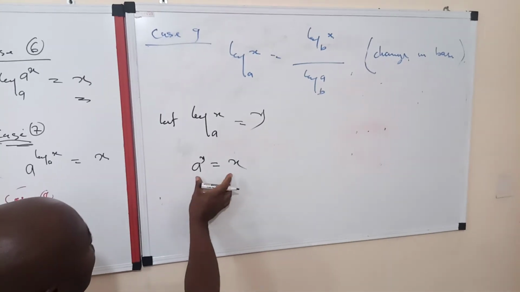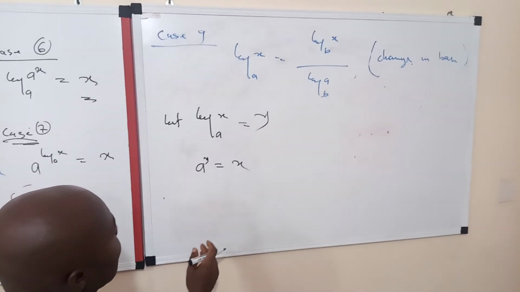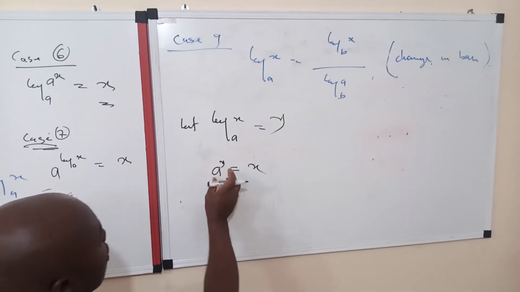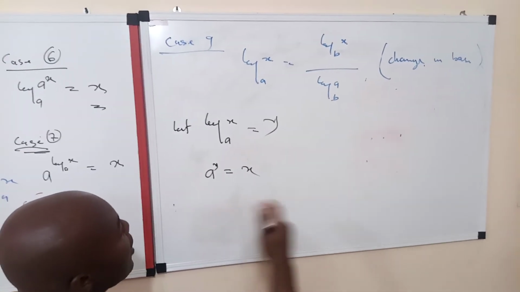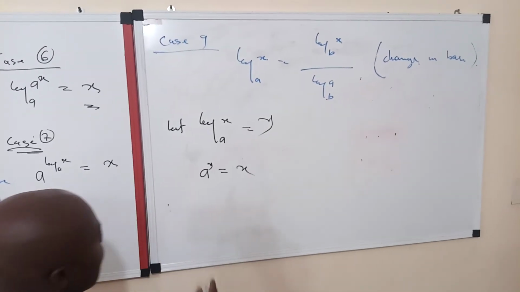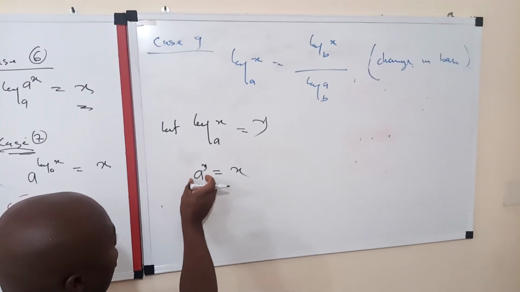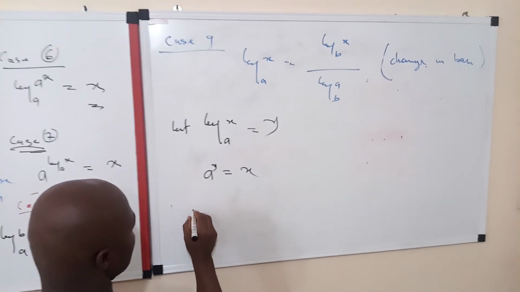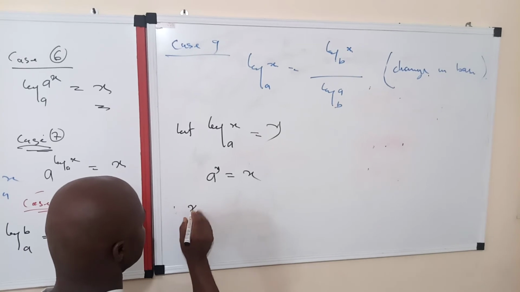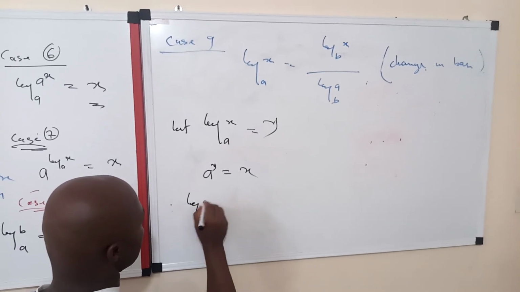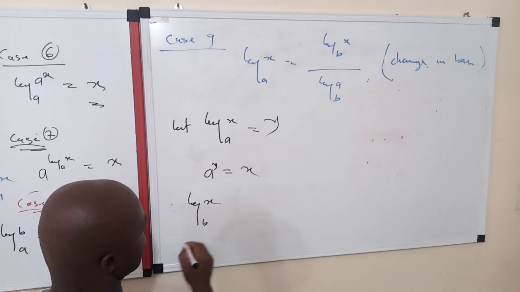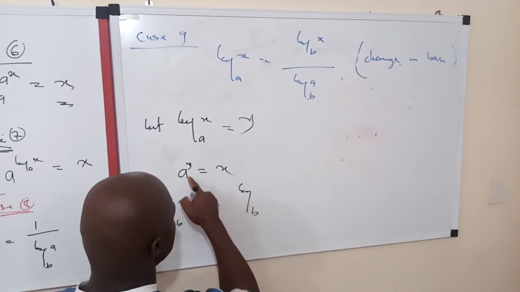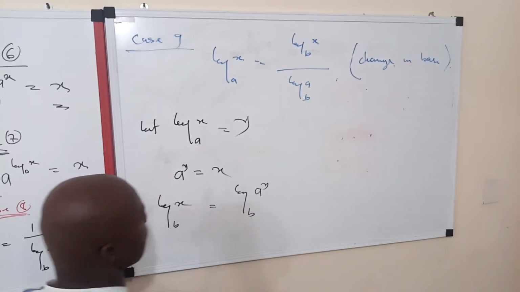Now, from here, what do we do? Let's try to take the logarithm in terms of their individual terms to a different base, say base b. In doing that, we are going to have log of x in base b, which is equal to log in base b of this entity, y.